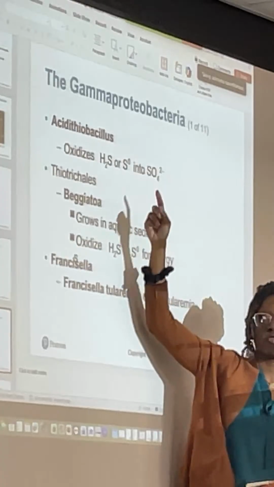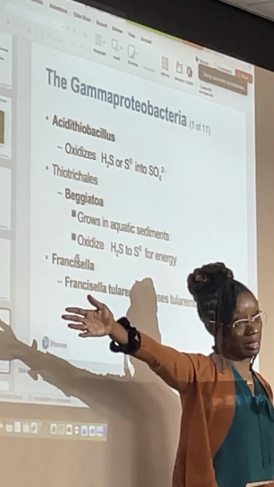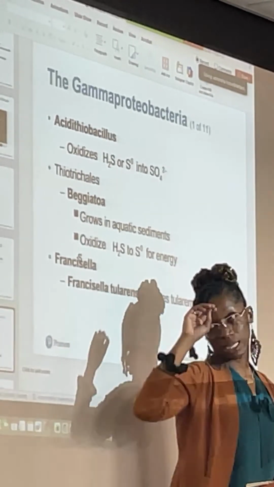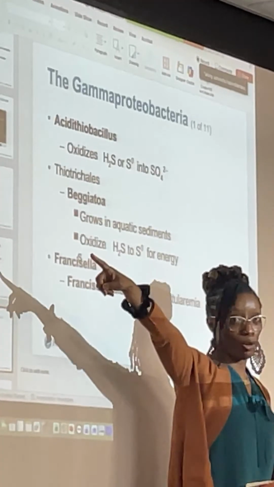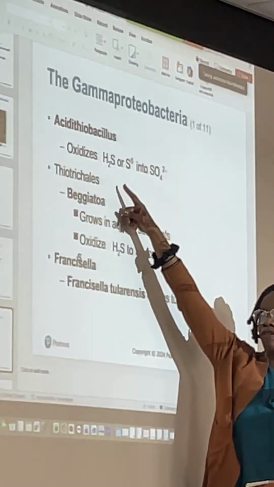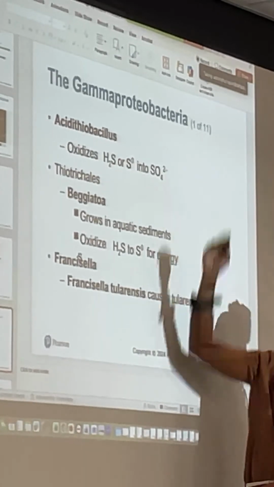So elemental sulfur. That means I always want to look over, in the other class there's a periodic table right there, I always want to just walk over to it. But elemental sulfur means that we go to the periodic table, bam, sulfur, right? So it oxidizes hydrogen sulfide or elemental sulfur into sulfates, all right?